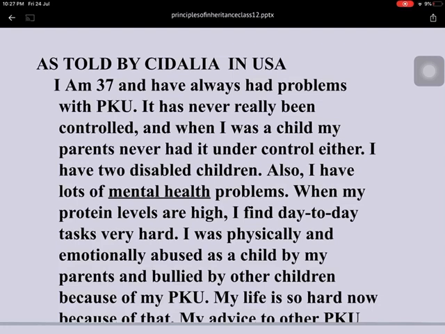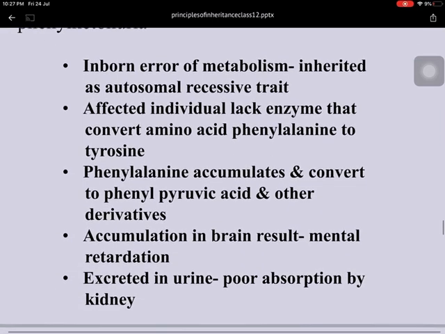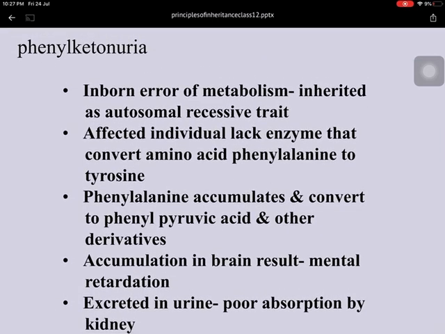So try to read this story of Sedalia in the USA, how she was suffering from the disease. Phenylketonuria is also known as PKU. This is an inborn error of metabolism inherited as an autosomal recessive trait, as I told you initially.